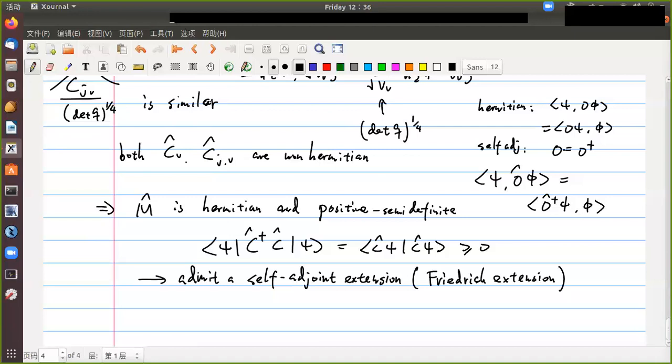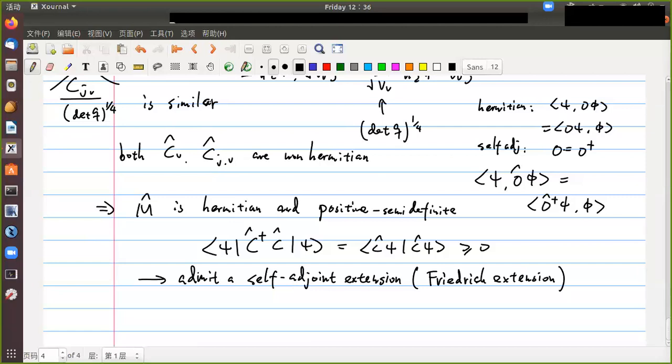In finite dimensional spaces, in linear algebra, Hermitian is equivalent to self-adjoint, so you can always find eigenvalues. But for infinite dimensional Hilbert space they are not the same. There is a spectral theorem for self-adjoint operators, but for Hermitian operators there is not, and sometimes you can't find a spectrum.